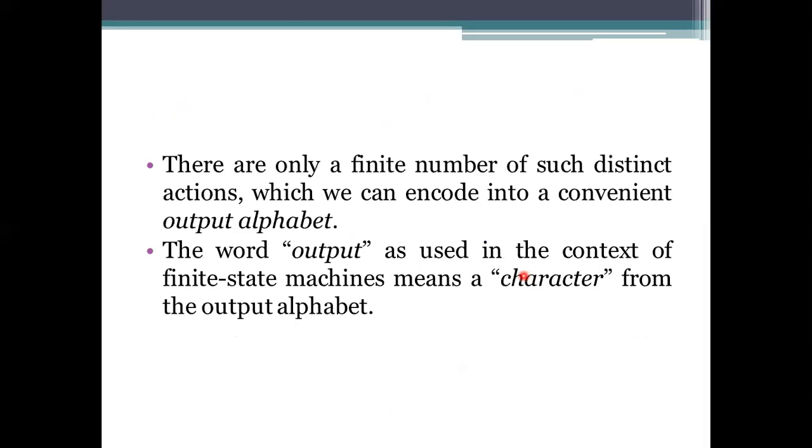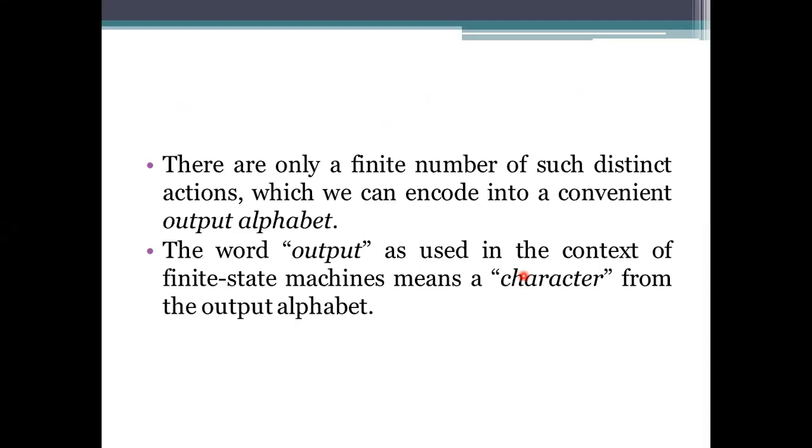The set of these encoded values we use for the output is collectively called the output alphabet. If you choose an output from this set, it is specified as a character taken from this output alphabet.